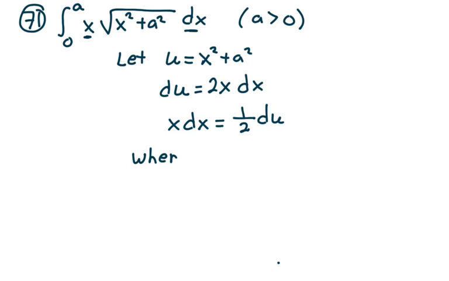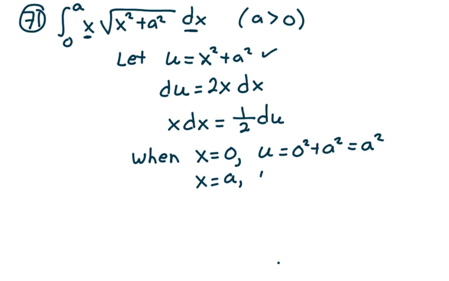When x is 0, right? So again, we have to go to this substitution and find our corresponding limits in terms of u, okay? So when x is 0, u is 0 squared plus a squared, which is equal to a squared. And when x is a, u is equal to a squared plus a squared, which is equal to 2a squared.